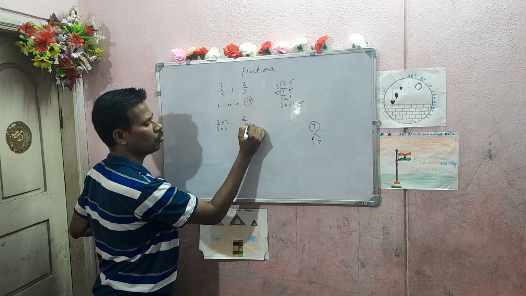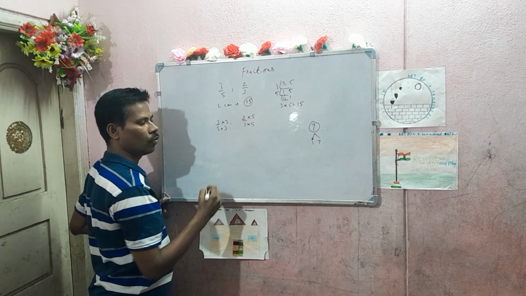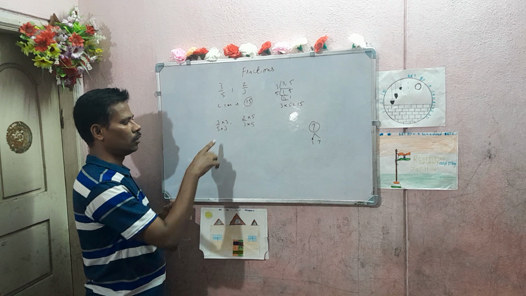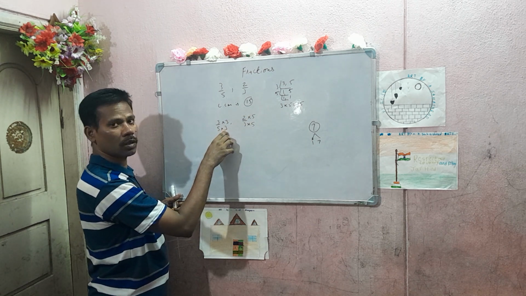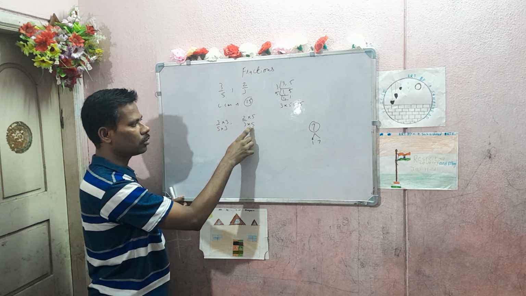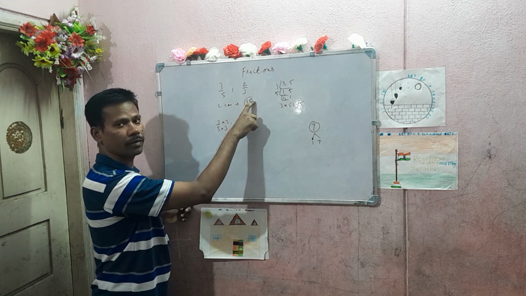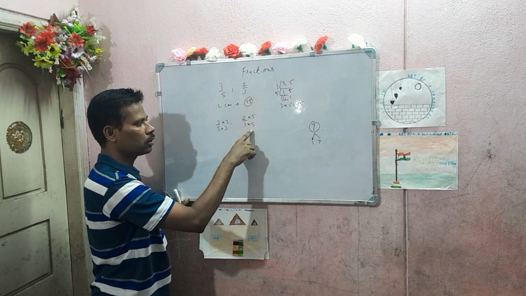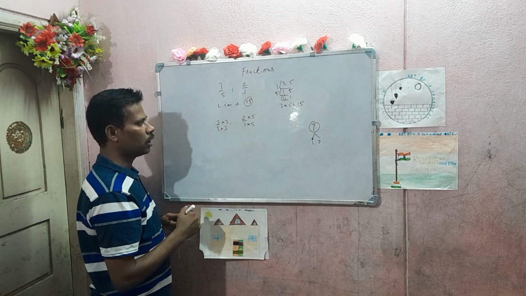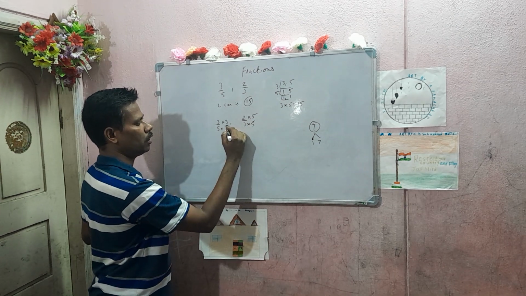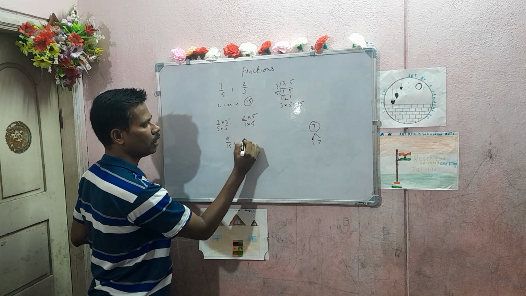Next, 2 by 3: 3 into how many times gives 15? 5 times. Whatever you write in the denominator, the same thing you should multiply in the numerator. 3 into 3 is 9, so 9 by 15. And 2 into 5 is 10, so 10 by 15.